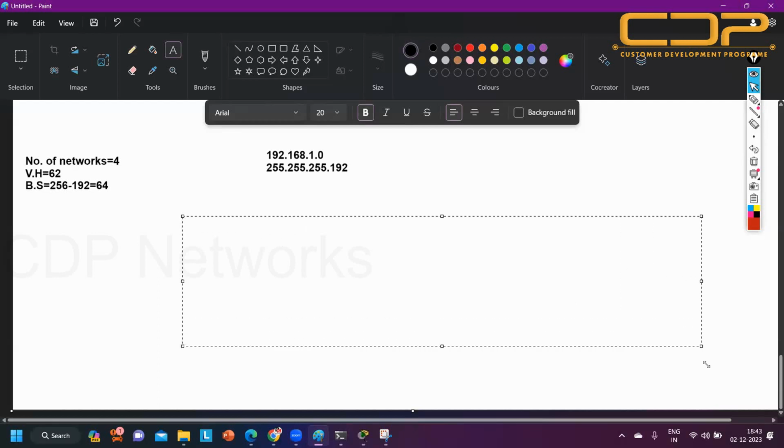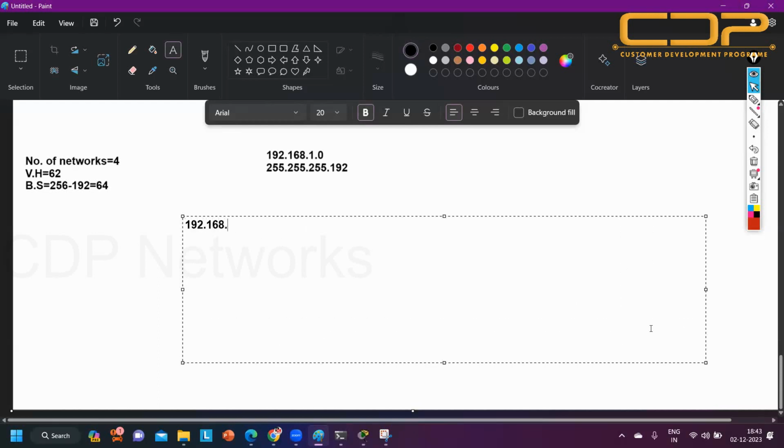So my first network is 192.168.1.0. The second network is 192.168.1.64, block size 64. The third network is 192.168.1.128, which is 64 plus 64. Then 192.168.1.192, which is 128 plus 64. So we have 4 networks.